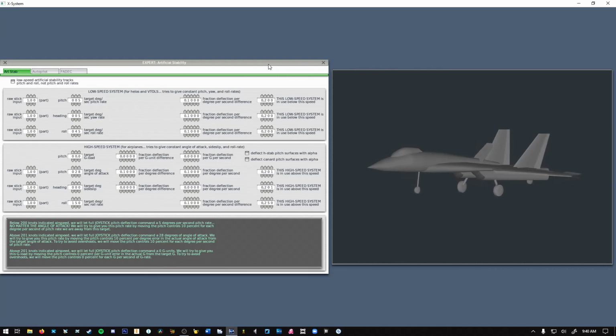I would recommend using a 28-degree angle of attack value in 0.1 and 0.05, but just find whatever works for you. Oh, and I forgot to mention, don't ever check these boxes. They will intentionally destabilize your aircraft, unless of course that's what you want, but I assume most people following this tutorial will not want to do that.